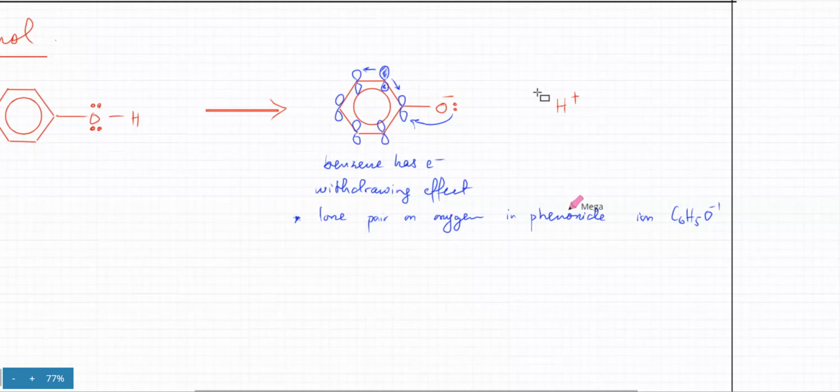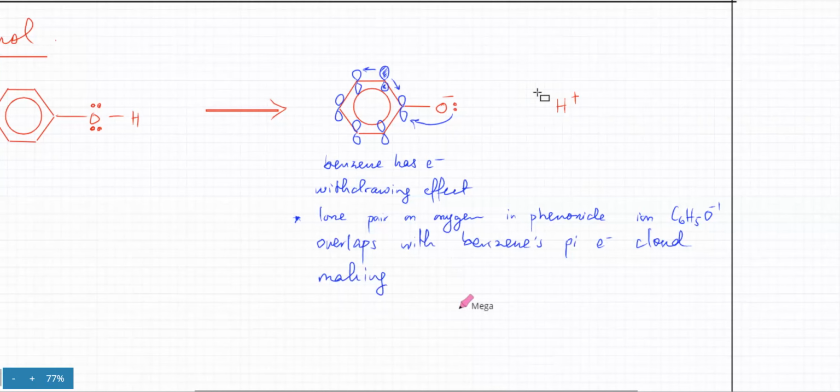So lone pair on oxygen in phenoxide ion C6H5O minus 1 overlaps with benzene's pi electron cloud, making C6H5O minus 1, the phenoxide ion, more stable.